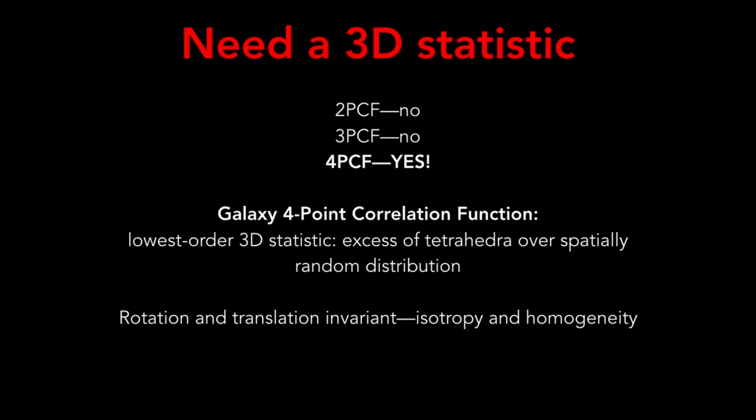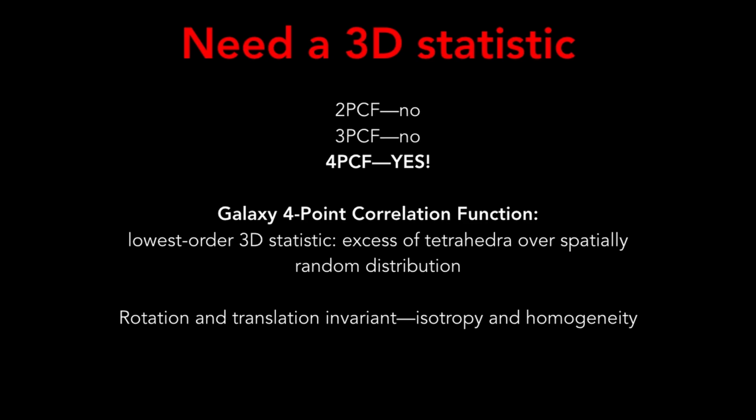The 3-point correlation function describes correlations of triplets of points. The geometry is a triangle. Now, a triangle defines a plane, and a triangle's mirror image can be rotated into itself in 3D. So under rotations, triangles are also not enough to distinguish parity.